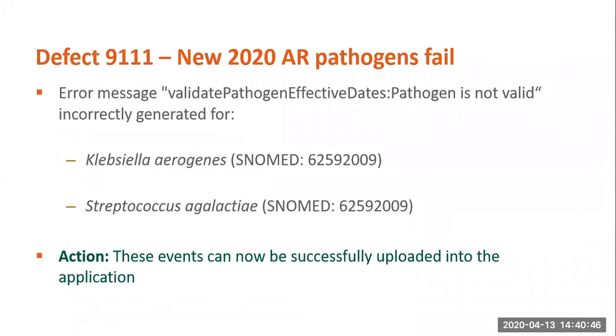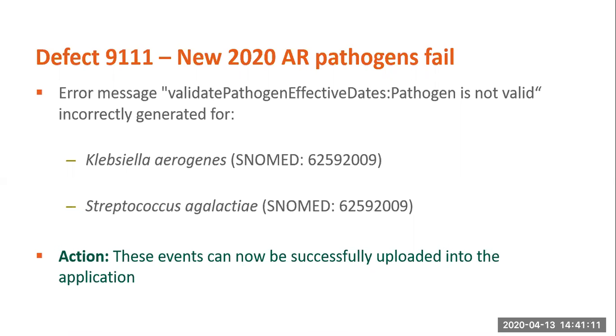Defect 9111 related to 2 pathogens that failed to upload as 2020 AR events. When uploading either Klebsiella aerogenes or Streptococcus agalactiae, formerly Group B strep, 2020 events, users would see the error message, validate pathogen effective dates, pathogen is not valid, even though both pathogens were valid in 2020.